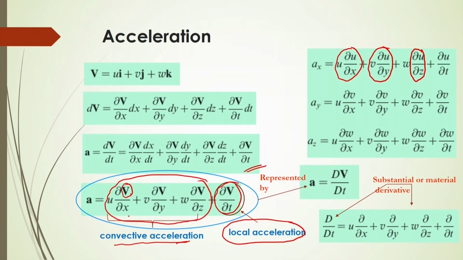So finally it will be u into dou u dou x, plus v into dou u dou y, plus w into dou u dou z, plus dou u dou t. These are the components.